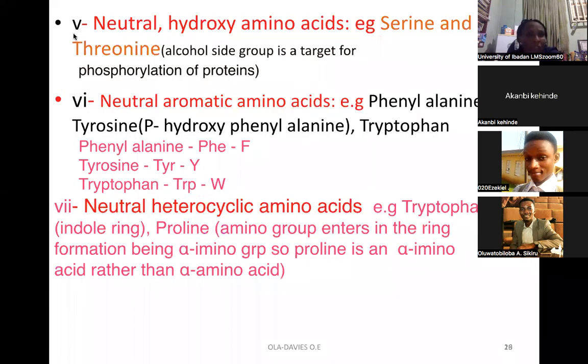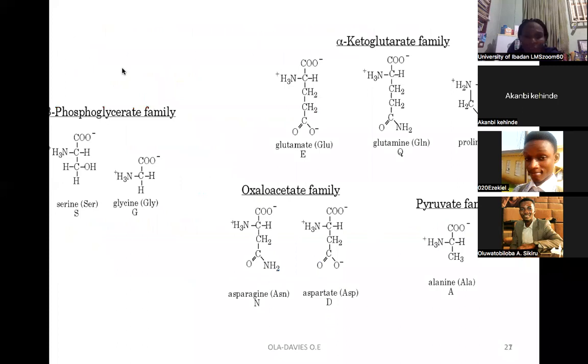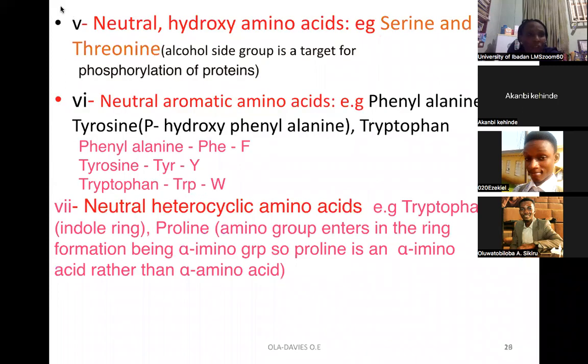Another one is the neutral hydroxyl amino acids. I'm sorry, I move faster. An example is threonine, whose alcohol side group is a target for phosphorylation of proteins. Another one is the neutral aromatic amino acids: phenylalanine, tyrosine, and tryptophan.